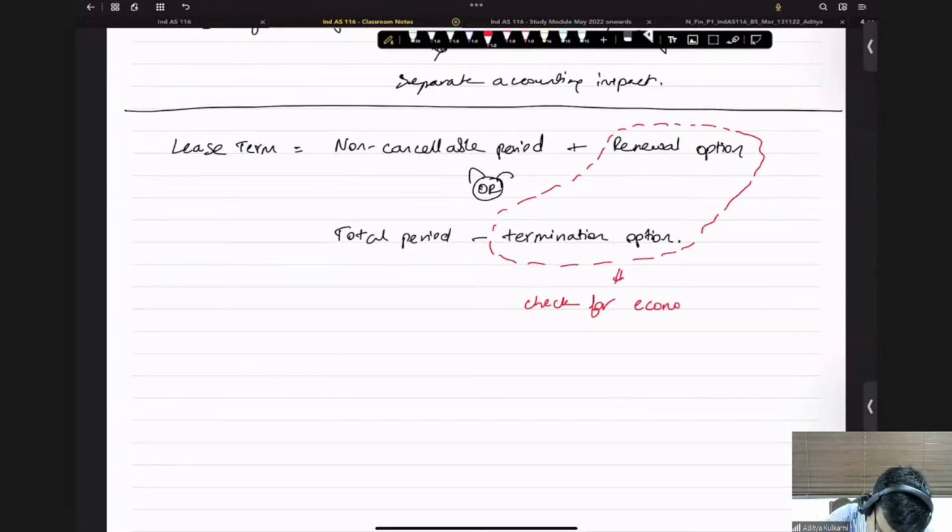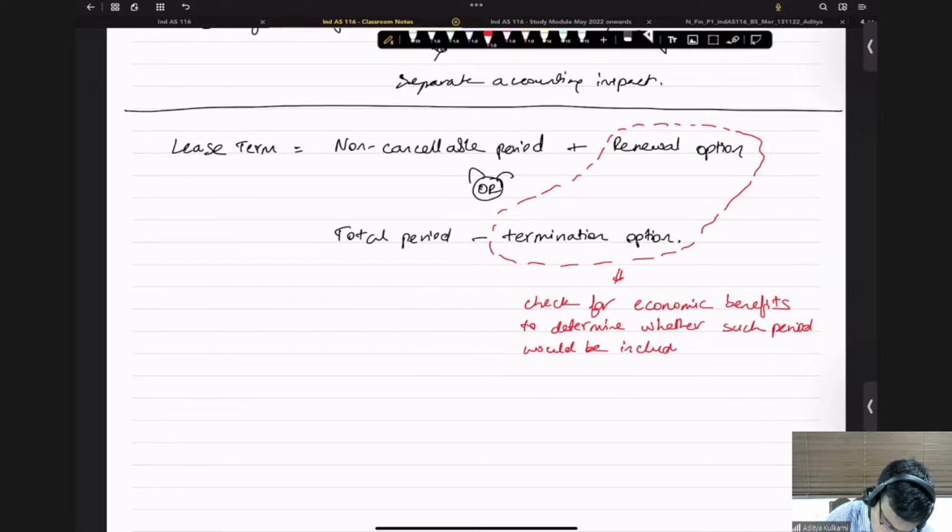Check for economic benefits to determine whether such periods would be included or excluded in lease term calculations.